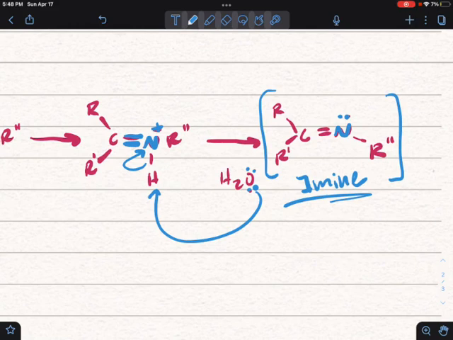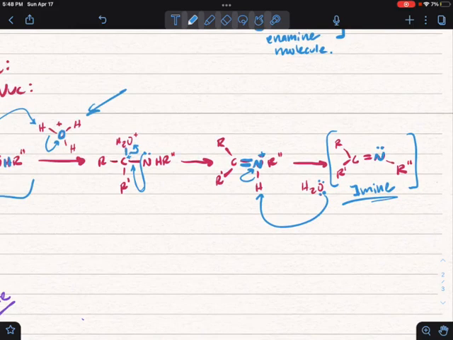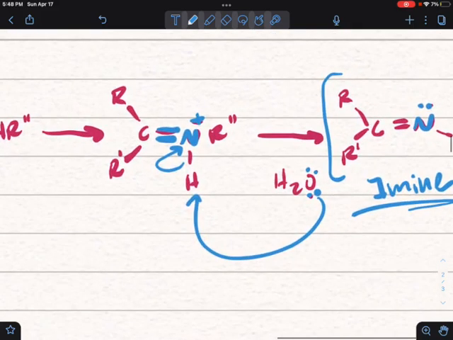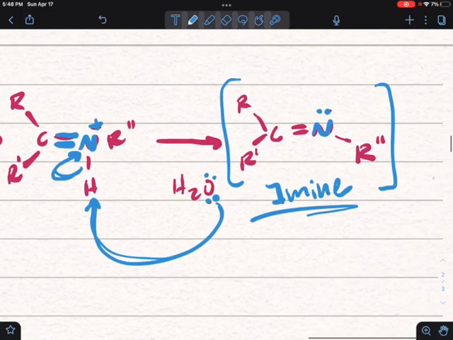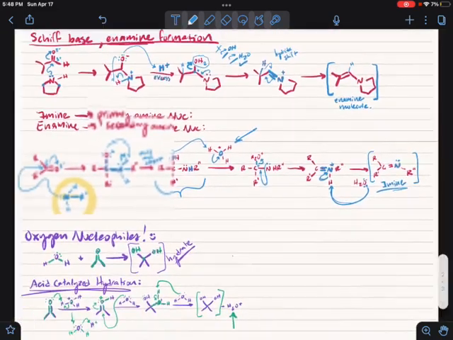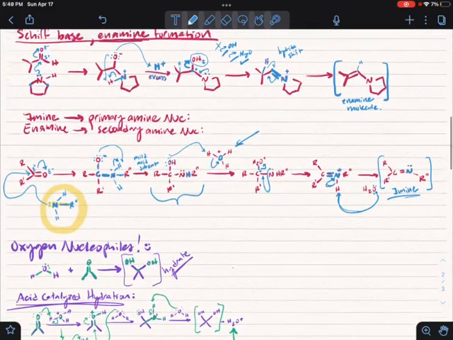So we will use water from either the environment or as a product of the hydronium molecule that we just took a hydrogen from. The electrons on the oxygen of the water will take a hydrogen. Those electrons from that bond will move back to the nitrogen, and we'll have a stable molecule. This is our imine, formed from a primary nitrogen nucleophile.